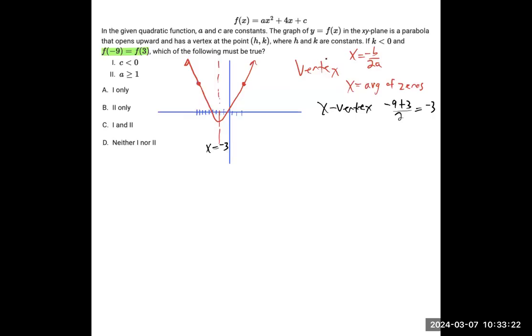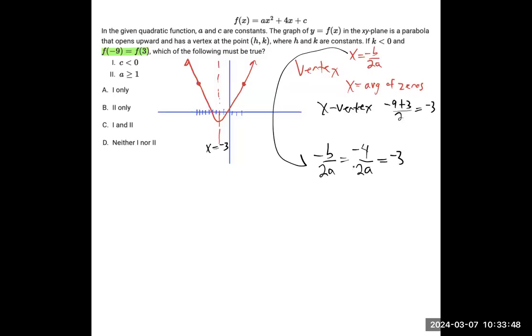Now we said a second ago that the x value of the vertex is -b over 2a. So looking at the equation they gave us, if we say -b over 2a, that's the same as -4 over 2 times their letter a, which happens to be in the a spot anyway. But we found out a second ago the x value of the vertex is -3.